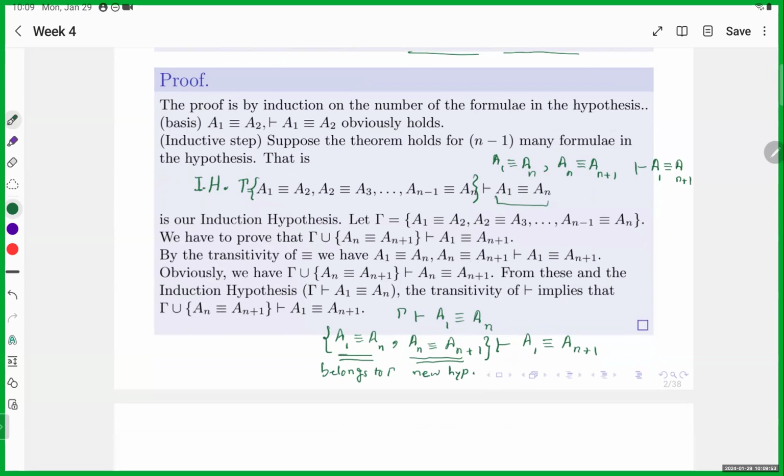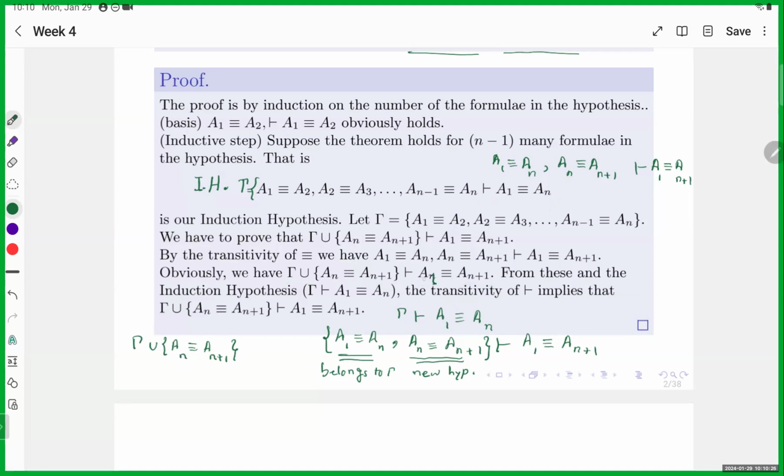We wanted to show that gamma union AN equivalent to AN plus 1 proves A1 is equivalent to AN plus 1. This is what we want to prove. Sorry, my bad.